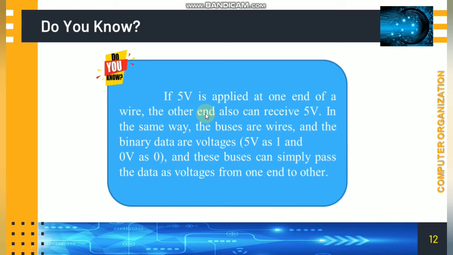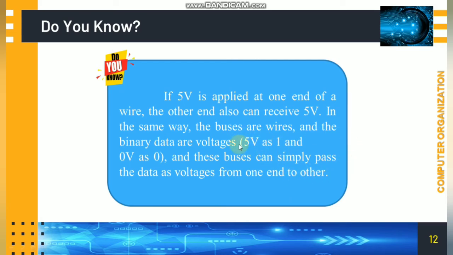Here you have a small box. If 5 volts is applied at one end of a wire, the other end can also receive 5 volts. In the same way, the buses are wires and the binary data are voltages. So if you give input as 1, the same should be your output.